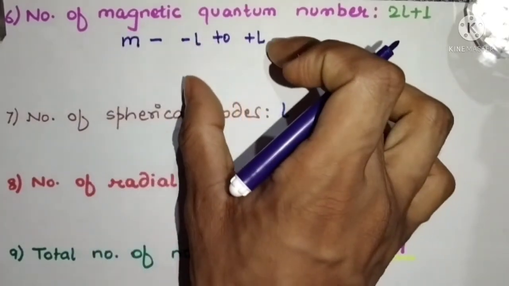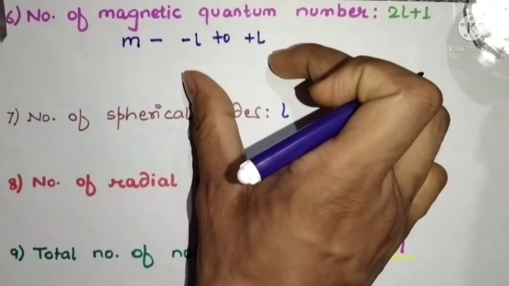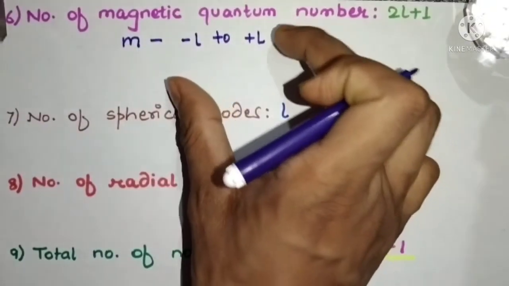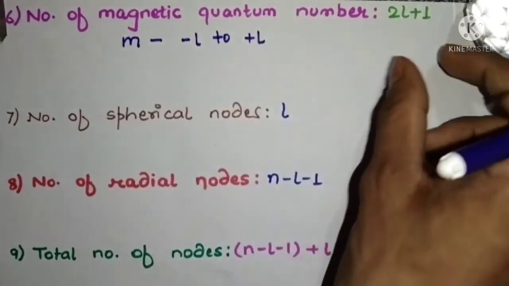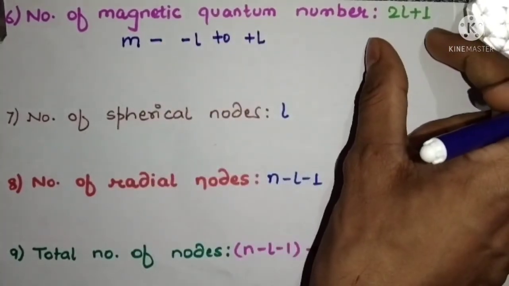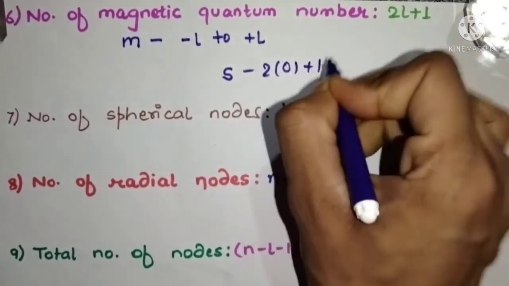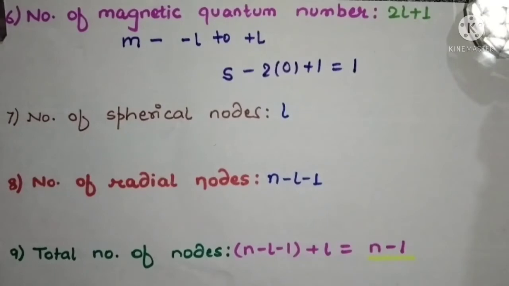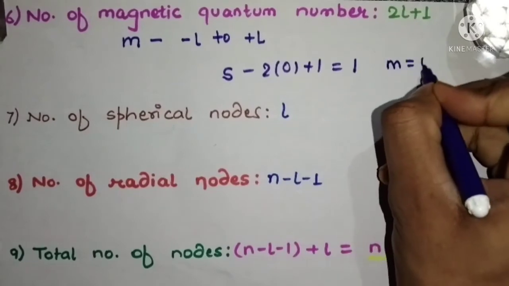So it is similar to the previous one, that is the number of orbitals in a subshell. Since you know the L value of the subshell and you have to find the number of orbitals, the formula is 2L plus 1. For the S subshell, it is 2 into 0 plus 1 is equal to 1, and the L value of S is 0, so M will also be 0.